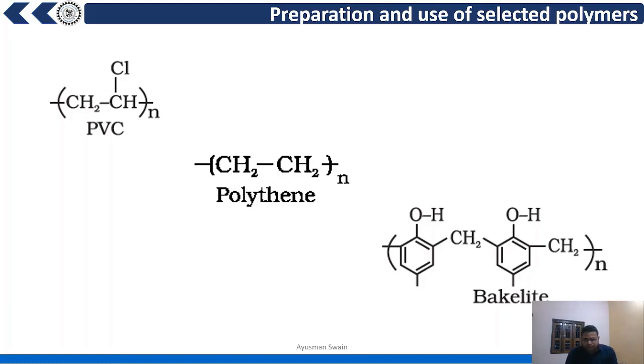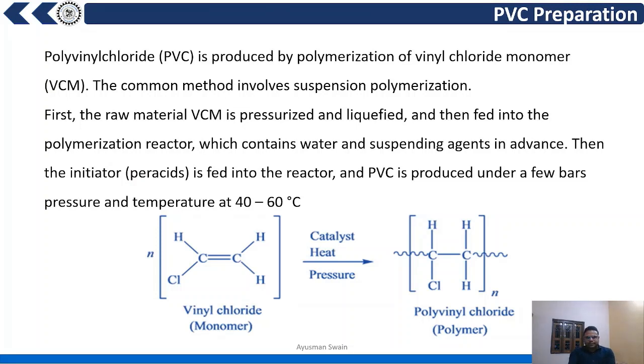Now we'll come to the preparation and use of selected polymers that are in your syllabus: PVC, polyethylene and Bakelite. PVC, as all of you know, is made of vinyl chloride. You have to add a catalyst, then apply heat and pressure.